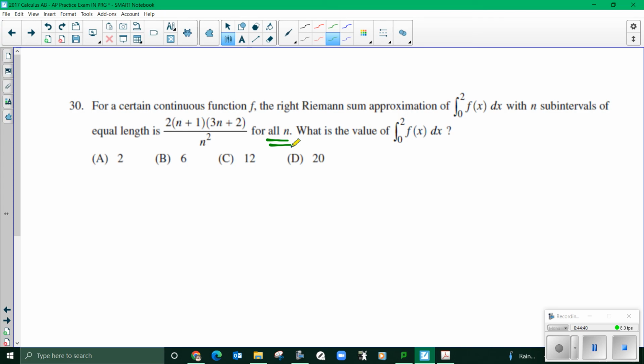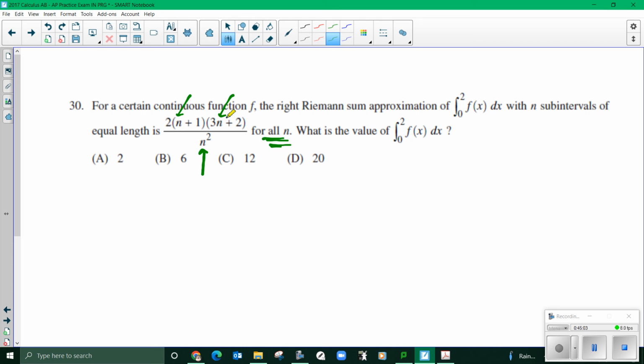All right? If I'm going to find a Riemann sum, I'm going to find values, but it's for all of n. If n is my x, so to speak, it's my independent variable. It's my input. What is the output?